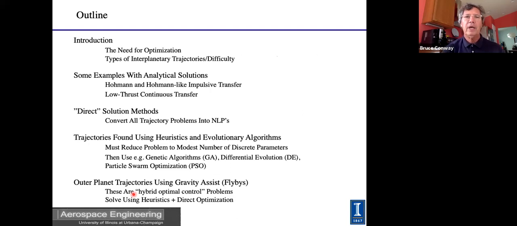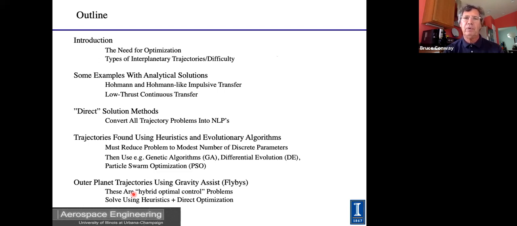There we go. Okay, so I'm going to start out by discussing very briefly why optimization is important, and then categorize the different types of interplanetary trajectories, which can be categorized by the difficulty of finding the trajectory solutions.